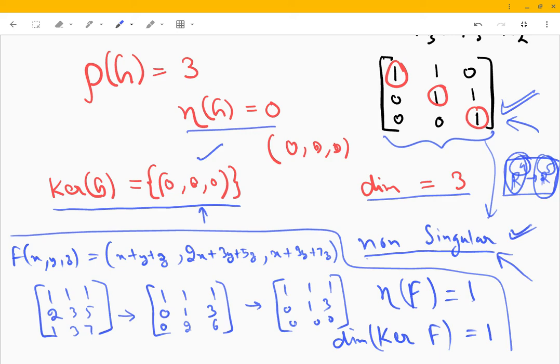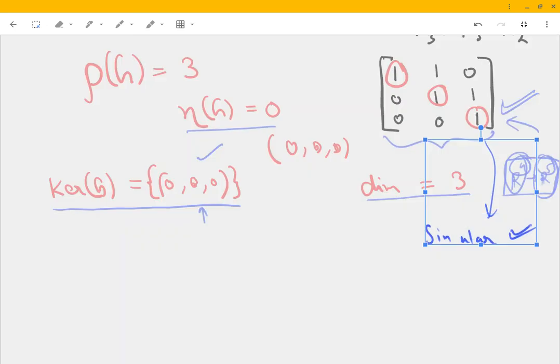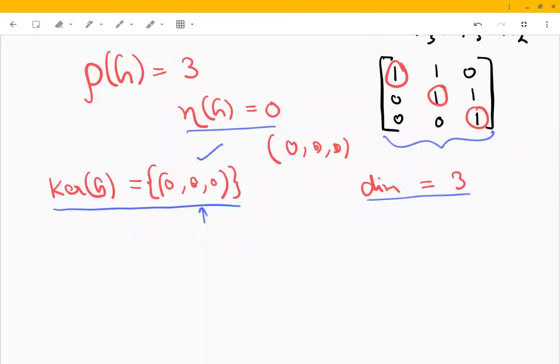So this matrix being non-singular points to the fact that our transformation is 1-1. Also, when the kernel of G is only the zero vector, it points to the same fact, that the transformation is 1-1.